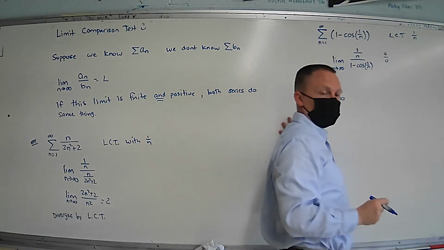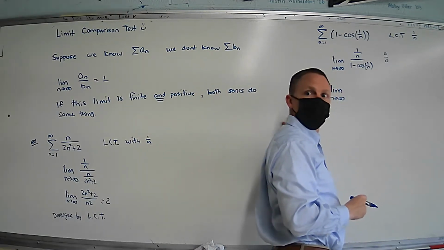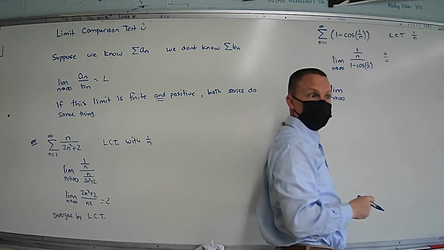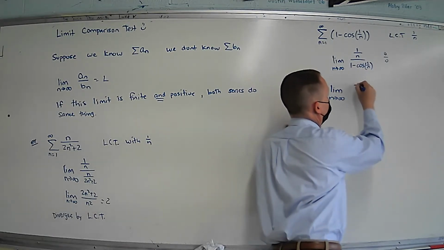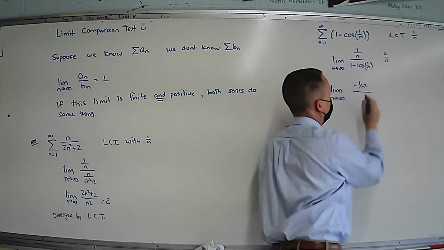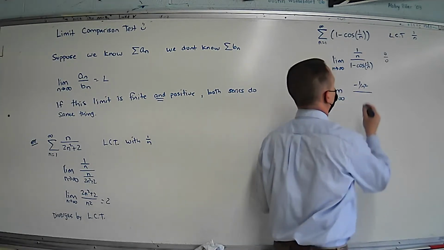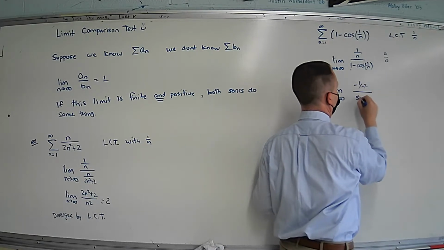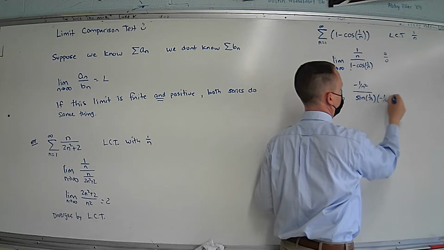So what's the derivative of the top? Someone last period said natural log of n. Oopsie, that's the antiderivative. The derivative of the top is negative 1 over n squared. What's the derivative of the bottom? Well, the derivative of 1 is 0. The derivative of negative cosine of 1 over n is sine of 1 over n times negative 1 over n squared. Chain rule.